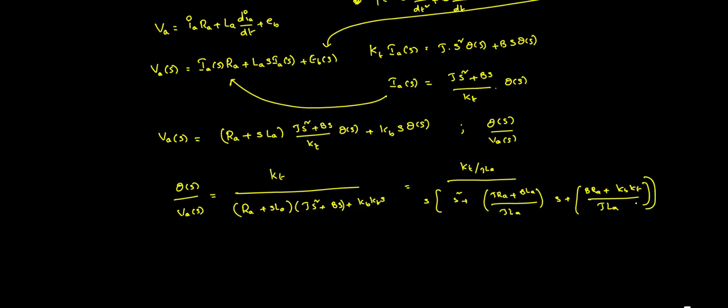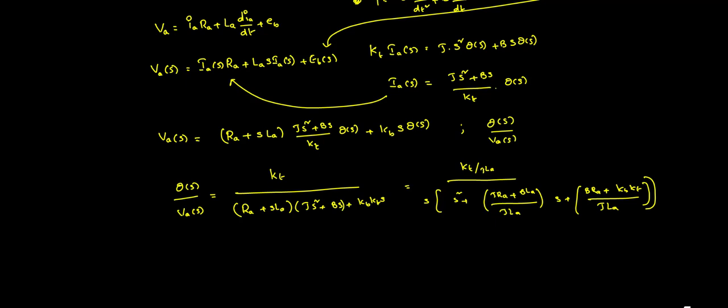Something like this you can simply take into this particular form. So this transfer function can be written as theta of s by V of s is equal to KT by something like this.